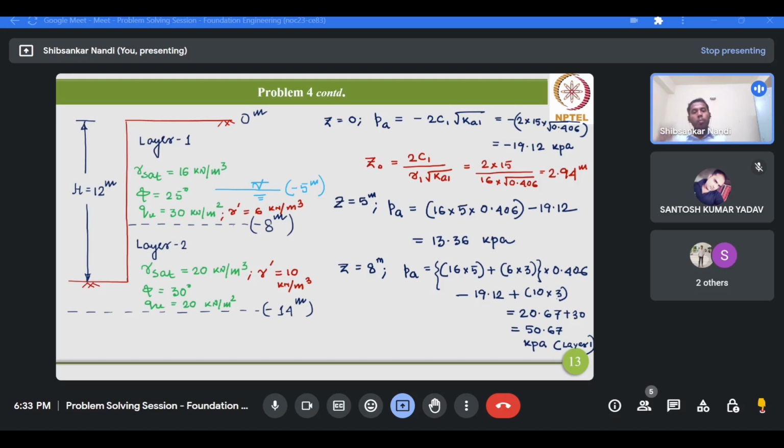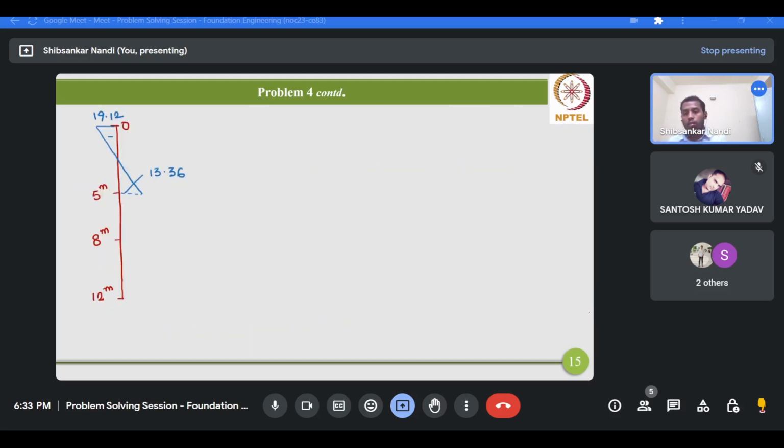Now out of this 50.67, 30 is from the pore water pressure. So it should follow the same gradient.